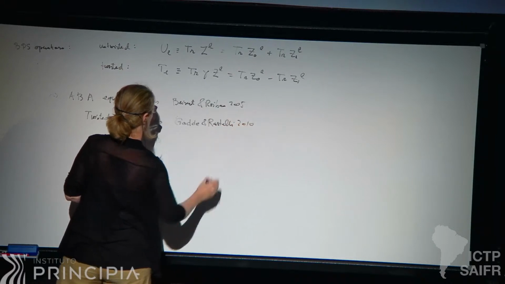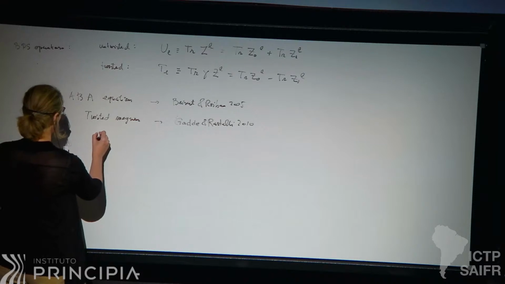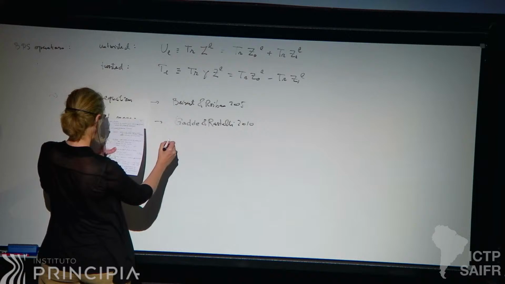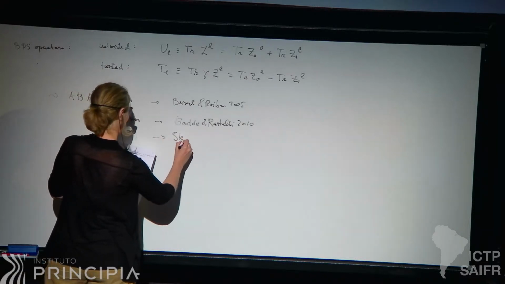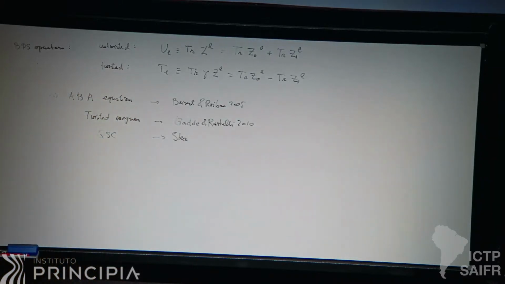In 2010. And there is a recent paper on the QSC by XCSPEC. Yes. Yeah, I will take one from here.